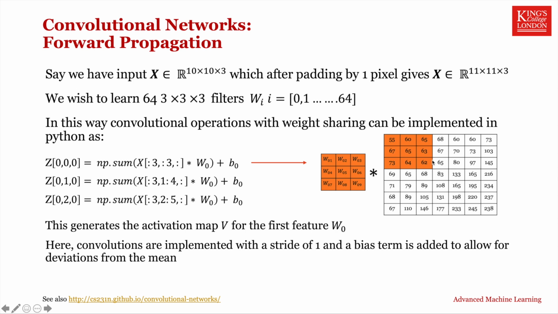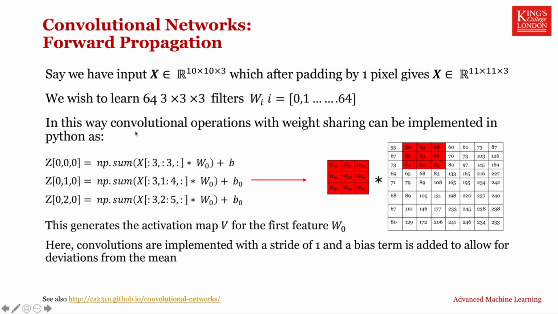Thus, the output of the convolution at location 0, 0, 0 corresponds to the convolution of the kernel W0 as shown here with the top left-hand corner of the image, and the output of the convolution at location 0, 1, 0 then corresponds to the convolution of the same kernel with the exact same weights, W0, shifted along by 1, and so on, convolving in the exact same way as previously demonstrated, but this time using notation similar to that which we saw for the first lecture on fully connected MLP networks.